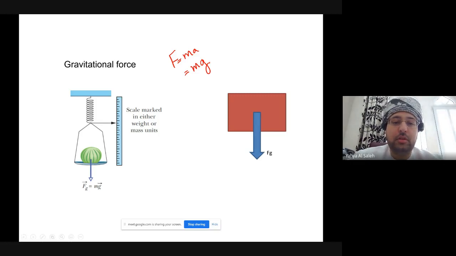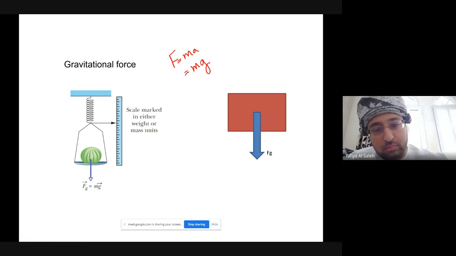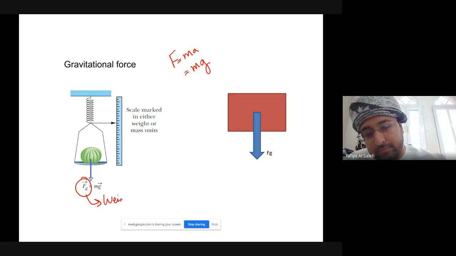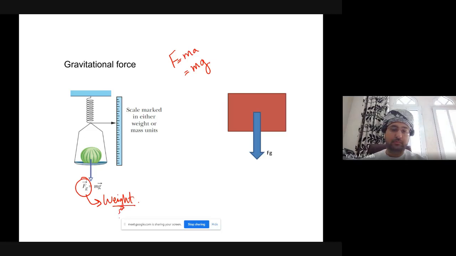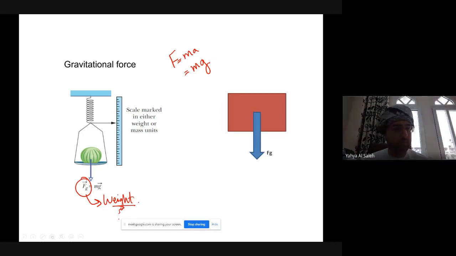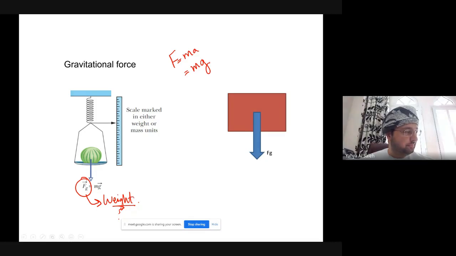Very simple. And this Fg is usually what we call weight. Okay? So far, so good.